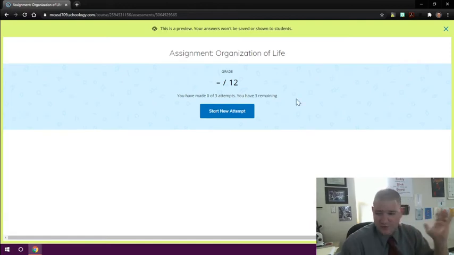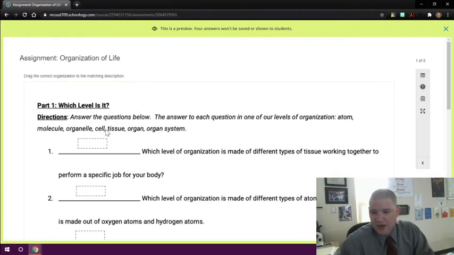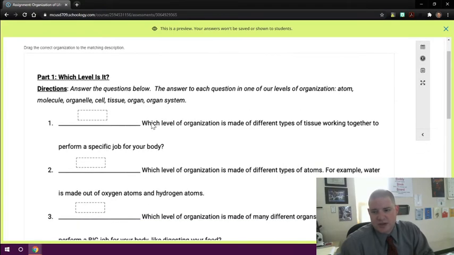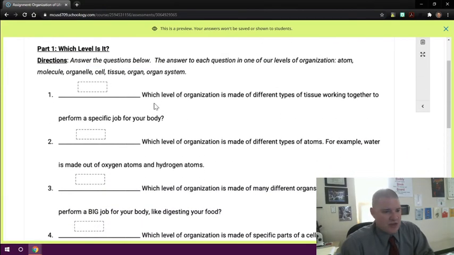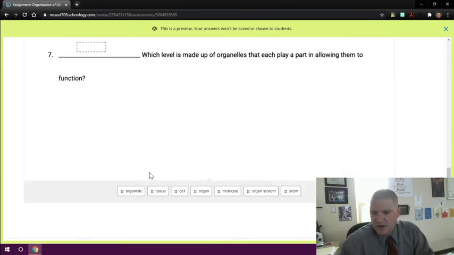We need to preview this. So when you load it up, it'll first go like this. You're going to have 3 attempts, so it works very similarly to the Pottervania assignment that we've already completed in class. You'll have these little blanks, and you have these questions detailing which level of organization we are describing. Your choices are at the bottom: organelle, tissue, cell, organ, molecule, organ system, atom.